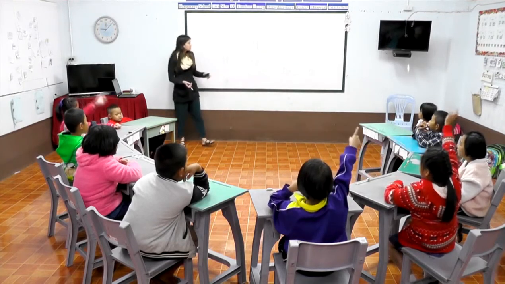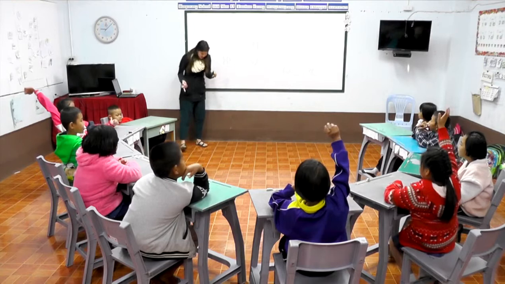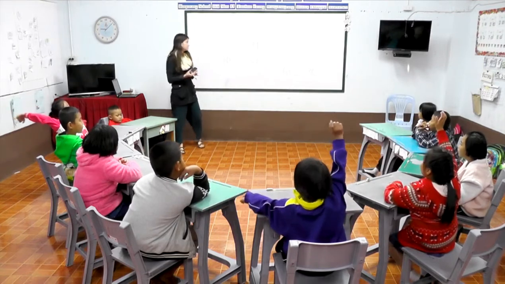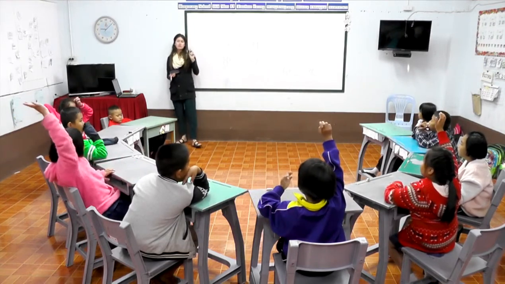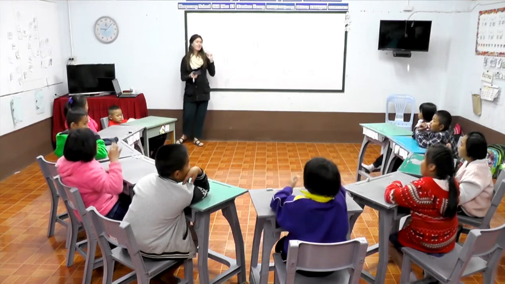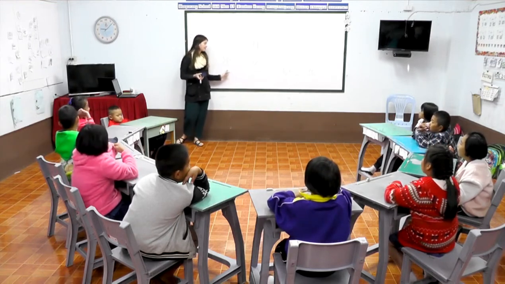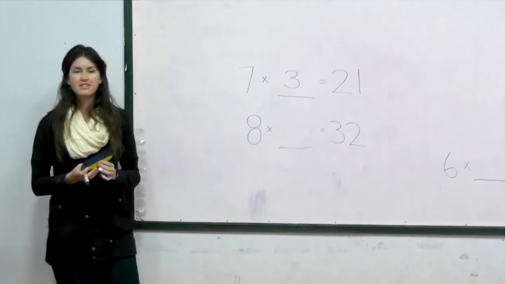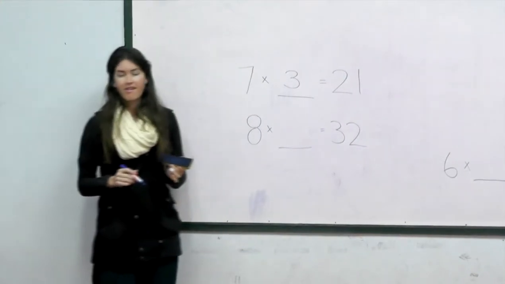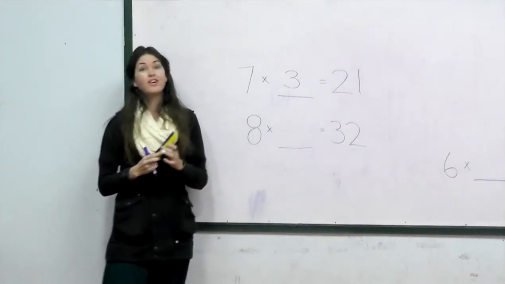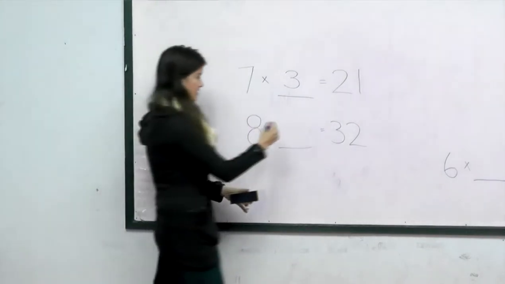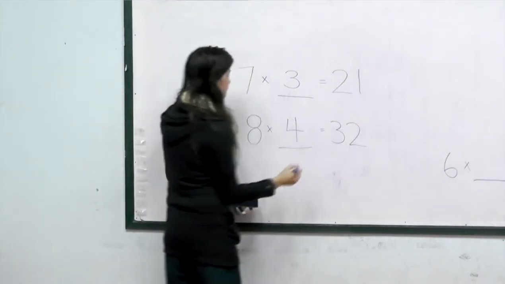We're going to do that one. 8 times what gives us 32? 1, 2, 3. 8 times what gives us 32? It's not 6. 4. It's 4. That's okay. That's cool. It's 4.